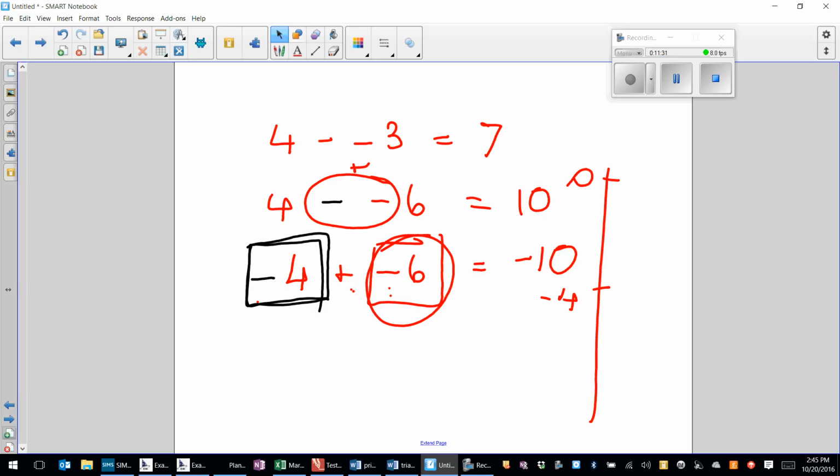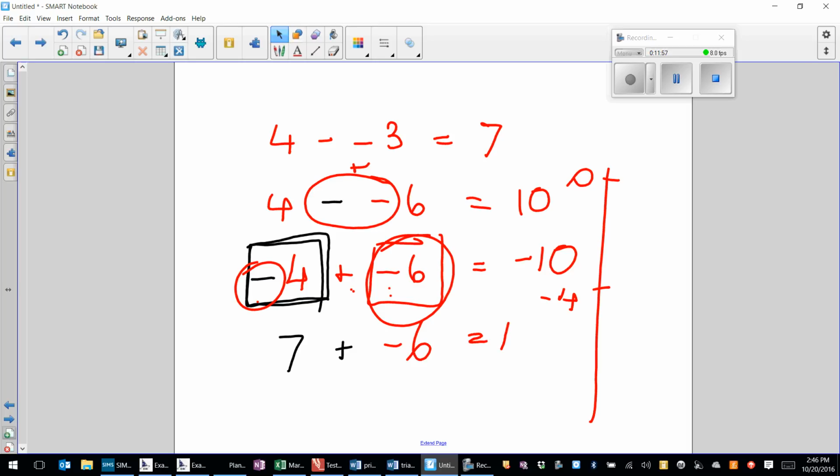So for instance, 7 add negative 6. You still do the same thing. You just start at 7 instead. So that would be 13. Negative 13? No, it's negative 1. It's 1, isn't it? I meant 1. Yeah, but you add 7.